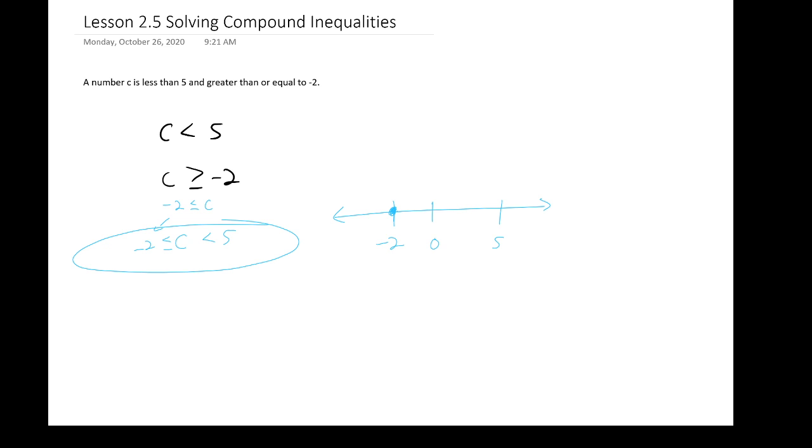And on the right, the inequality sign means that we're going to have an open dot. And when it's an in-between problem like that, this is what's called a conjunction. This is what we say is an and problem, which means we shade in between.